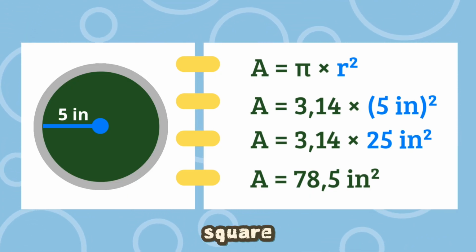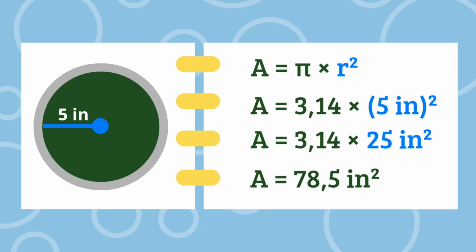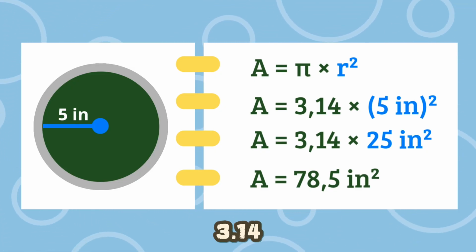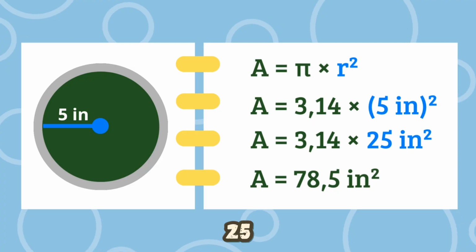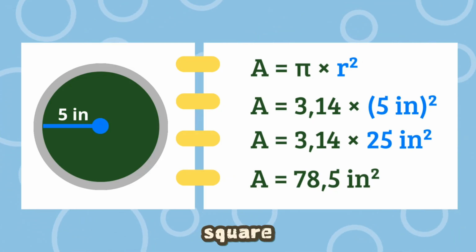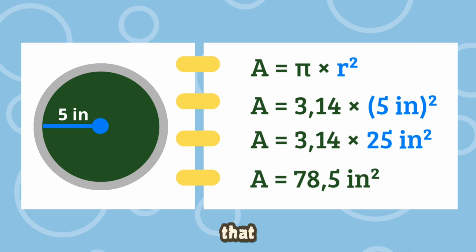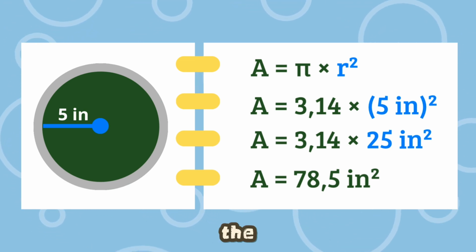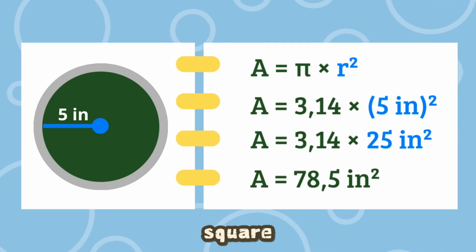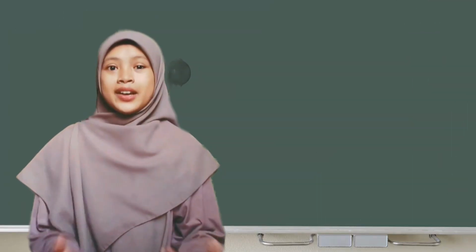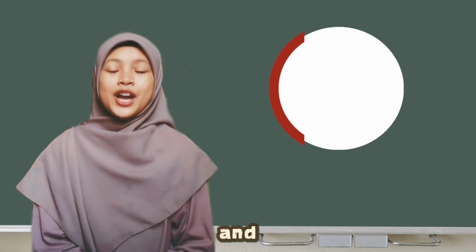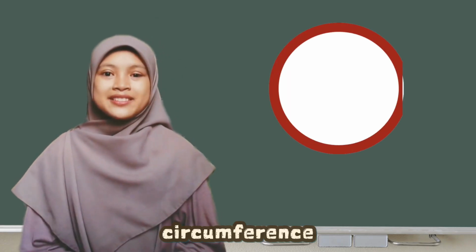And 5 squared is 25, so the area of the circle equals 3.14 times 25, which equals 78.5 square inches. That is, the area of the circle equals 78.5 square inches.